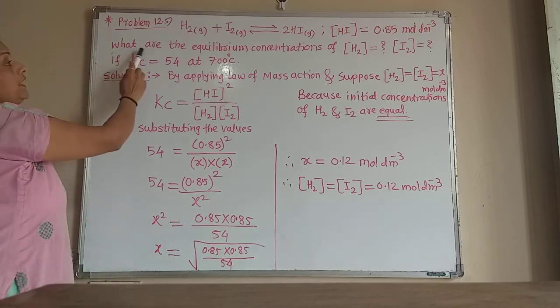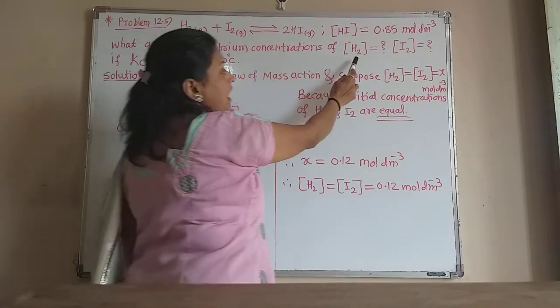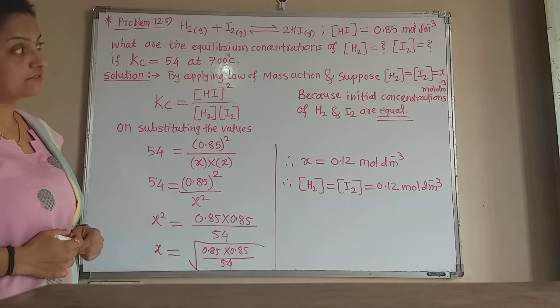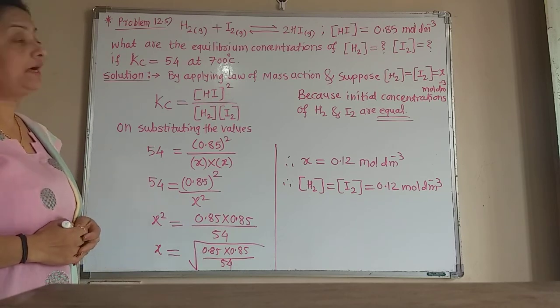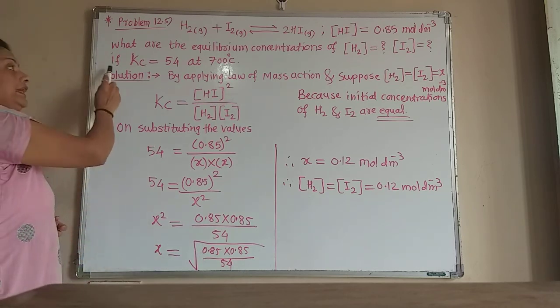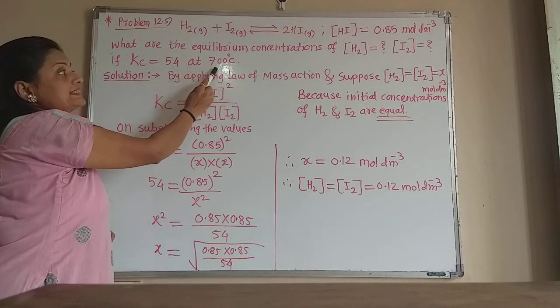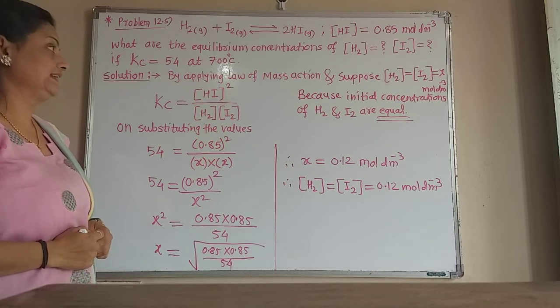Again, what are the concentrations of hydrogen and iodine? They ask us the equilibrium concentrations of hydrogen and iodine. And what is given? Kc, the equilibrium constant, is 54 at 700 degrees centigrade.